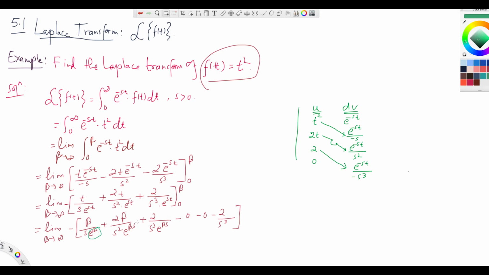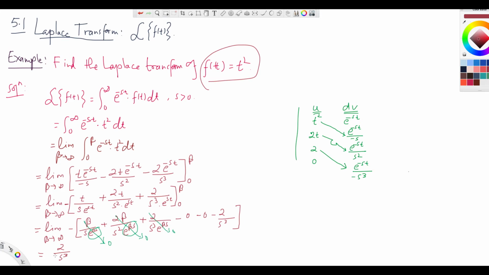Similarly here, this term grows faster than this term, and this goes to 0, this goes to 0 as well, because the denominator grows faster than the numerator. So this one is also 0. What is left is negative 2 over s cubed, but there is a negative sign outside. So basically you get positive 2 over s cubed.